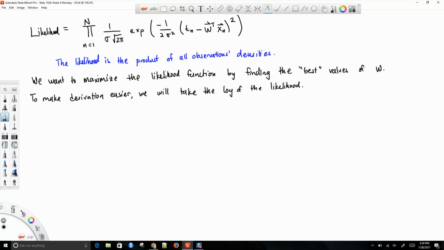Okay, and the log is what we call monotonically increasing. So the maximum of the log of a function is still going to be the maximum of the function itself.